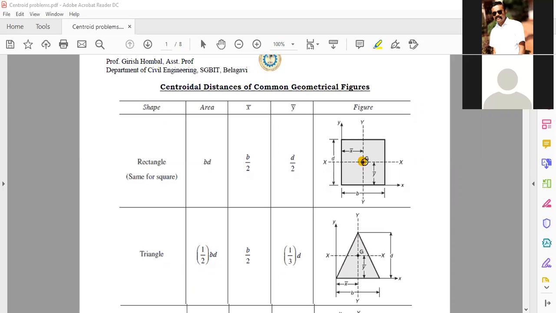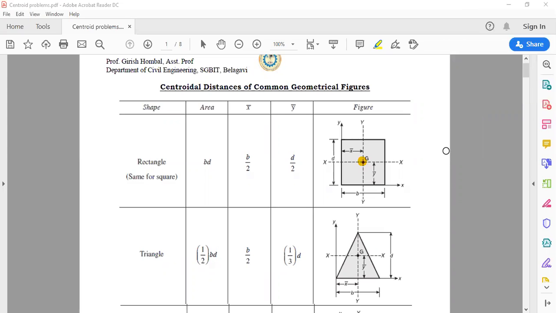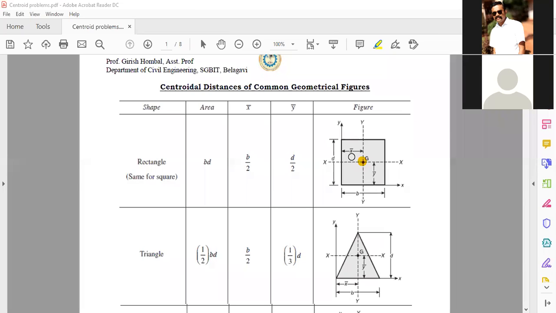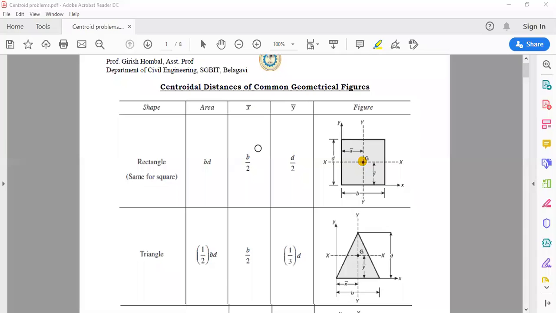In this case, x bar, which is measured from the y-axis, is b by 2, exactly half of the base width, whereas y bar, which is measured from the reference x-axis, is d by 2.